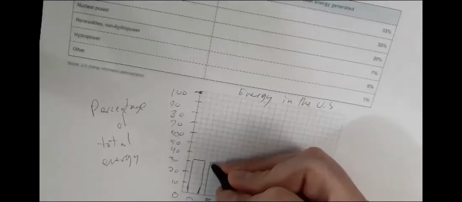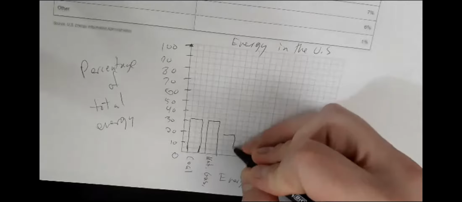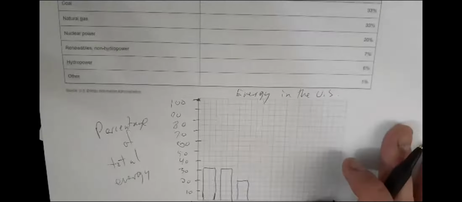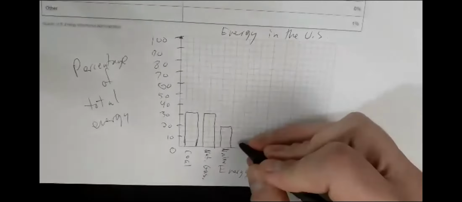It's at the same percentage, 33%. The next thing is 20%. That's nuclear. Renewables, non-hydropower, is what, 7%? A little bit over 5.